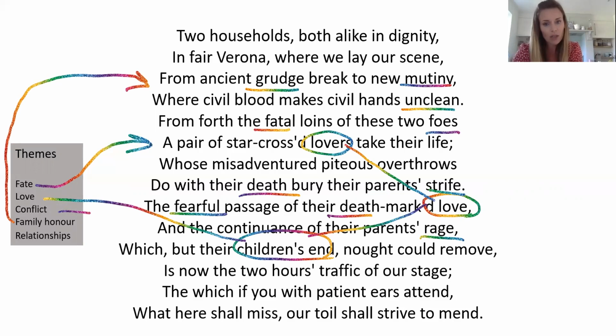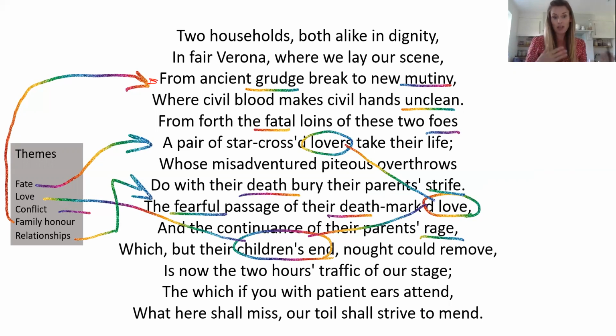And then family honour. And that one links up here to this idea of this ancient grudge breaking to be mutiny. That people honour the families so much that they're willing to kill and die in order to honour that family. And that's quite a big theme, a really important theme to talk about. And then finally, this idea of relationships. Now, there's lots of relationships that you can talk about.